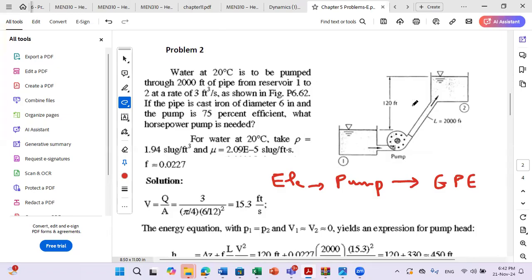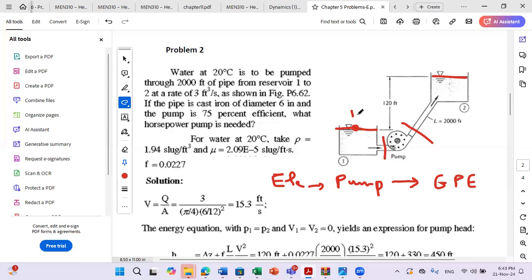So here, to do the analysis, we can try to select points at which we know more information. For example, you can say, I want to apply Bernoulli between the inlet and the exit of the pump, but you don't have any information about pressure and velocity at these two points. That's why you can say, let me start by relating the energy state at these two levels because I have information.